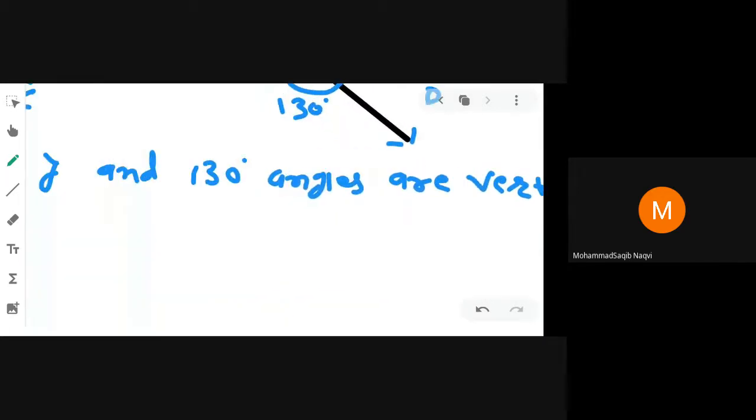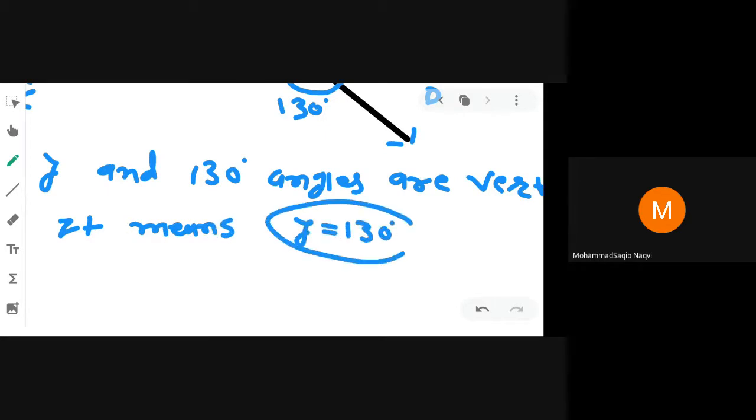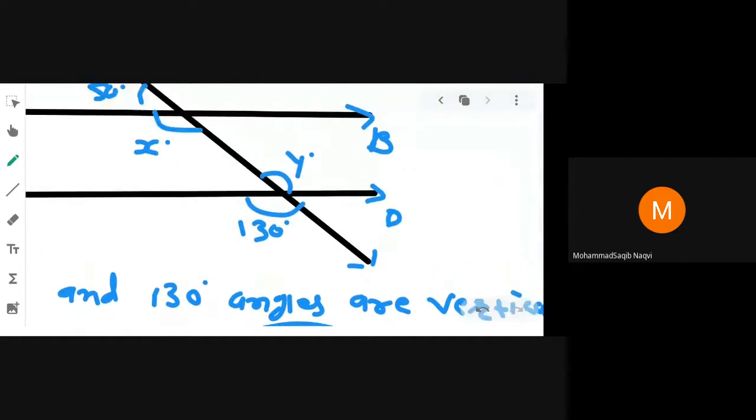It means y is equal to 130°, because vertically opposite angles are always equal. Clear to all of you?